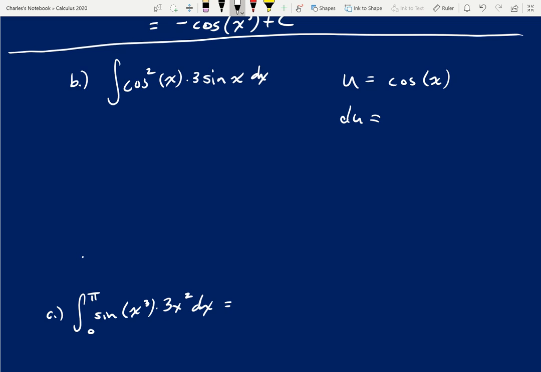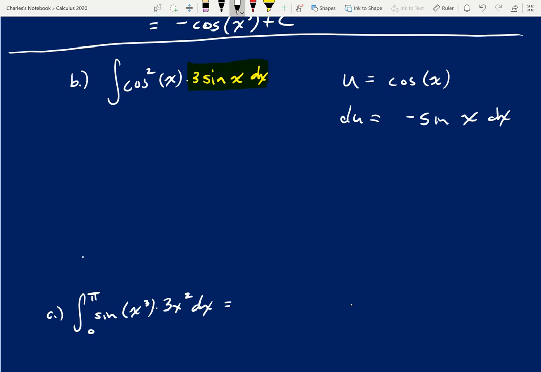If I make u equal to cosine of x, I'm going to get du is equal to negative sine of x dx. So we're getting somewhere, but look at what we need. We need to substitute something in for negative 3 sine of x dx. Right now what I have is negative sine x dx.